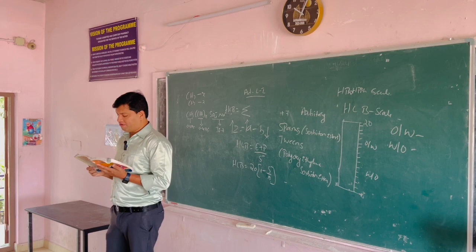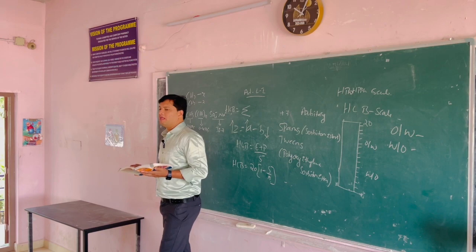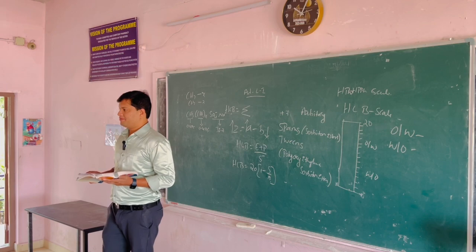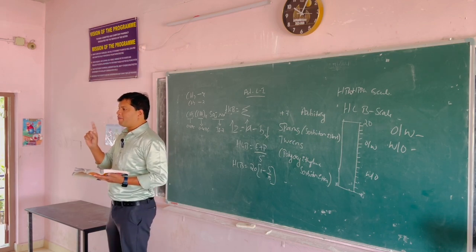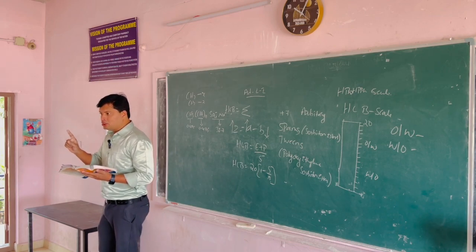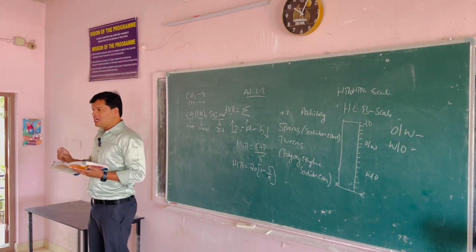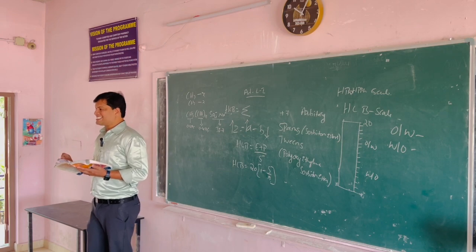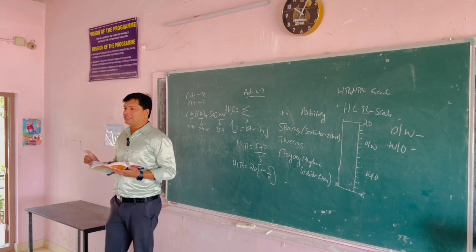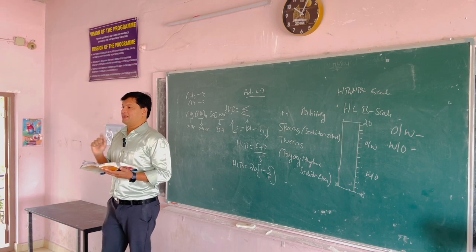Spans have an HLB value of 1.8 to 8.6. And Tweens have a value of 9.6 to 16.7.